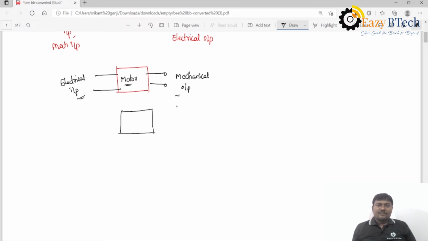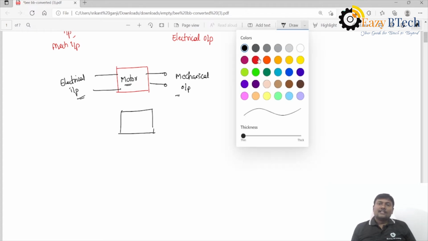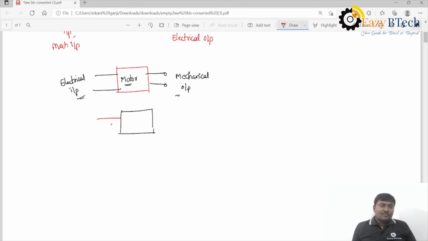Now, a motor converts electrical input to mechanical output. Suppose you are going to a theater, and suddenly the screen goes off. What will you do? Some person who is already in the theater switches on the generator. The generator generates electricity.